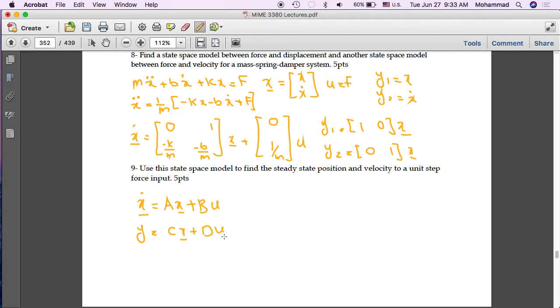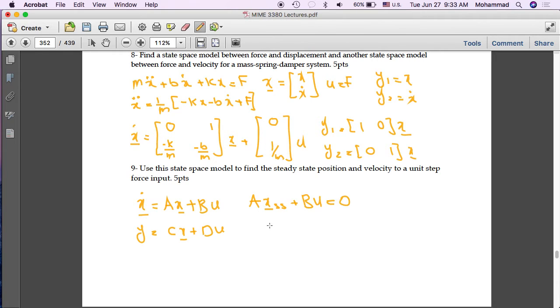Steady state means what? Dot terms go to 0. Yeah, so the dot term goes to 0, which means what? Then if the dot term goes to 0 in steady state, it means a x steady state plus bu is equal to 0. That's the meaning.